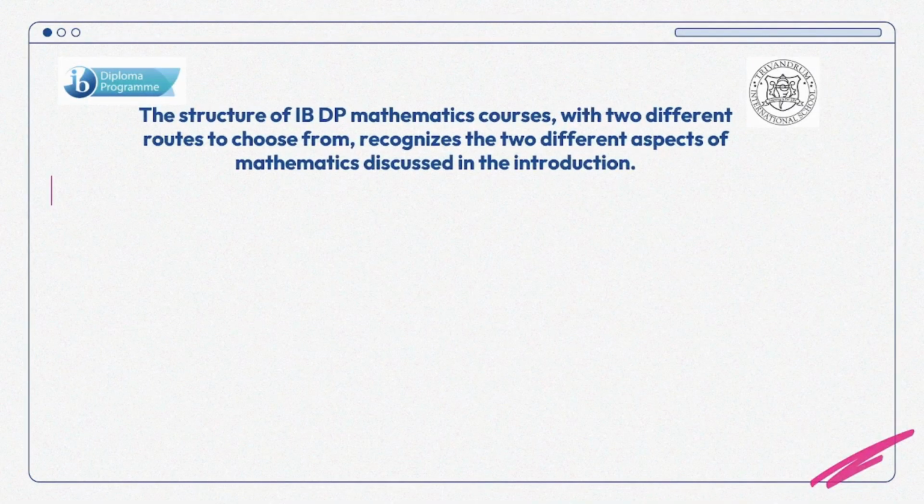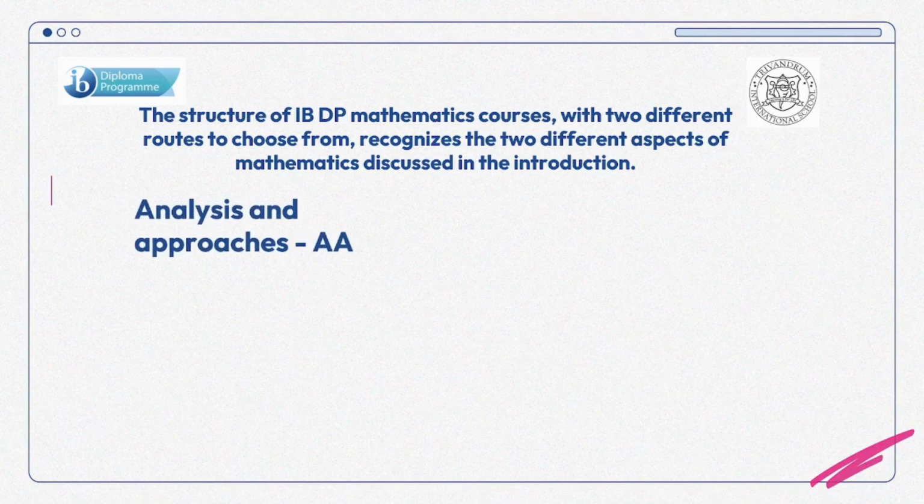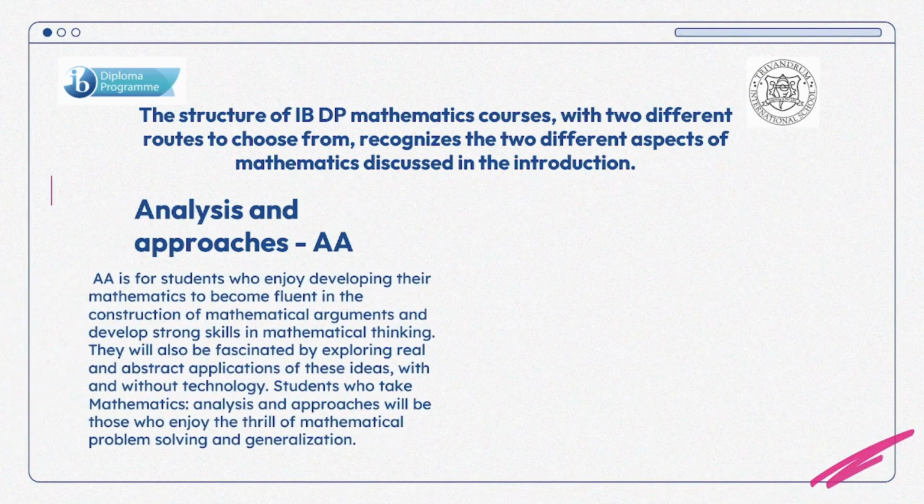The structure of IBDP mathematics courses, with two different routes to choose from, recognizes the two different aspects of mathematics discussed in the introduction. Analysis and approaches, commonly known as AA. AA is for students who enjoy developing their mathematics to become fluent in the construction of mathematical arguments and develop strong skills in mathematical thinking.